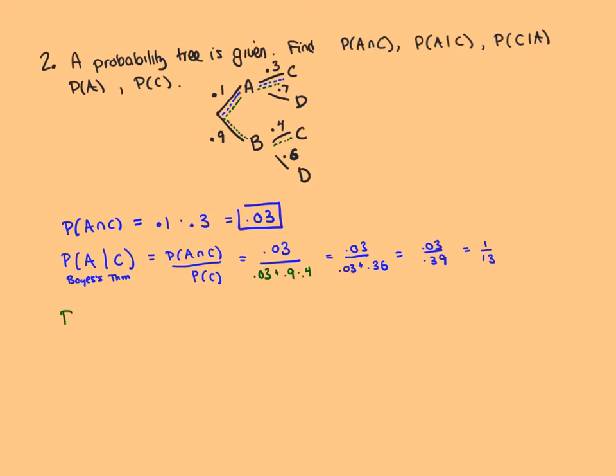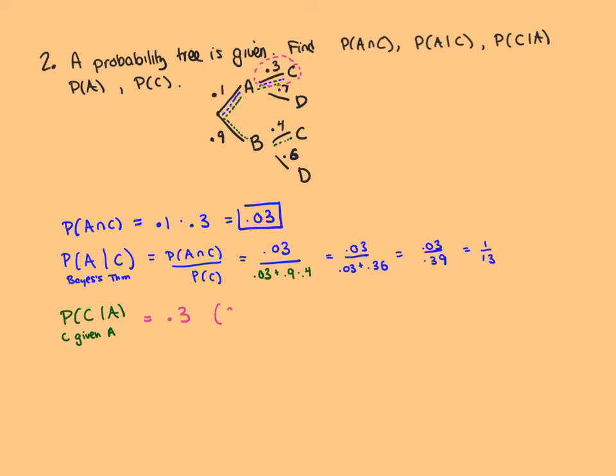For the probability of C given A, that just tells me I want to figure out how likely C is to occur, given that I already know A occurs. So that's a value I can read directly off my tree diagram. That's just going to be 0.3.